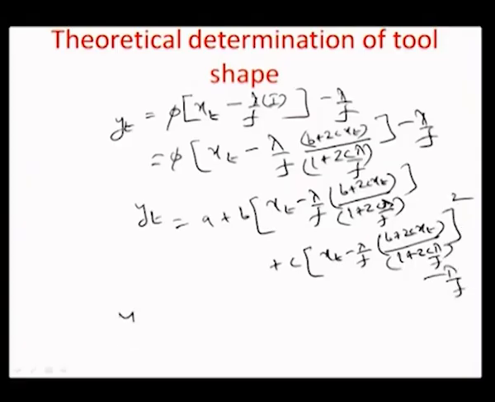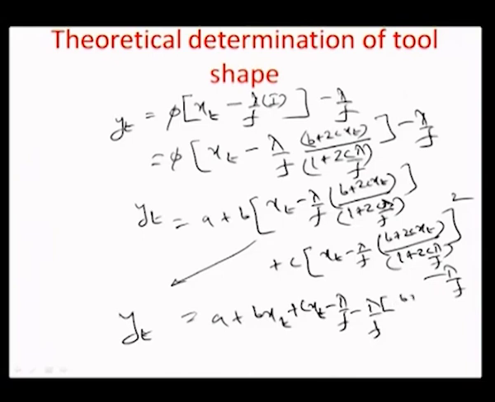In other words, if you simplify this expression, it comes out as a plus bxt plus cxt minus lambda by f times b plus twice cxt, whole square, divided by 1 plus twice c lambda by f.